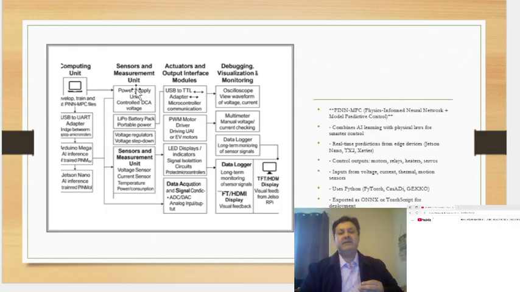The second section is the sensors and measurement section. We will take the input data from the measurement unit, for example voltage, current, temperature, vibrations, GPS, and all that.